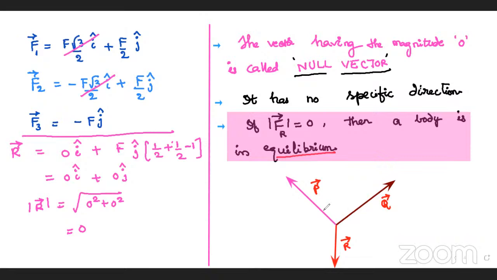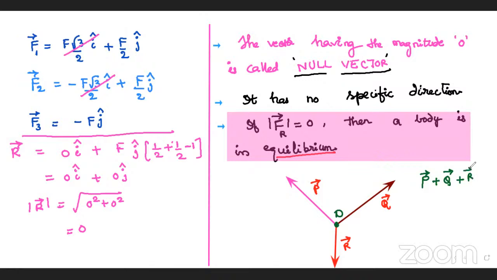Look, all three vectors originate from the same point, some point O. Say I am calculating the resultant. Resultant is addition, so P bar plus Q bar, and the third vector is also there, so plus R bar.